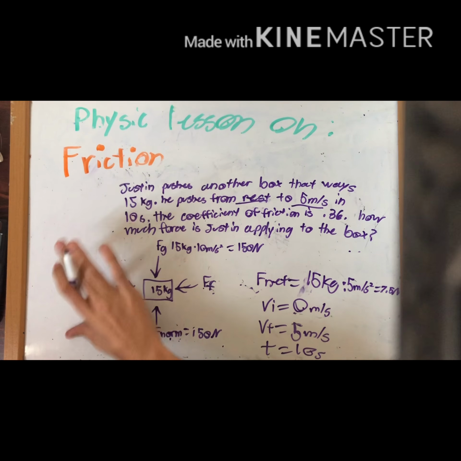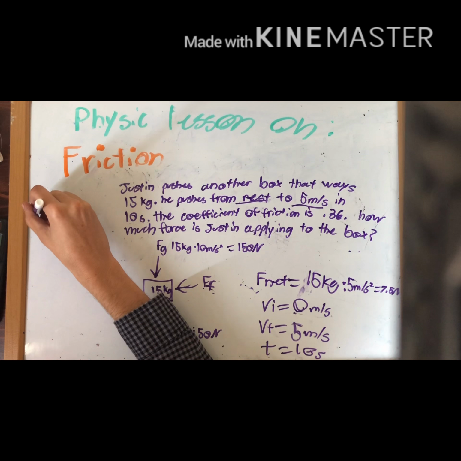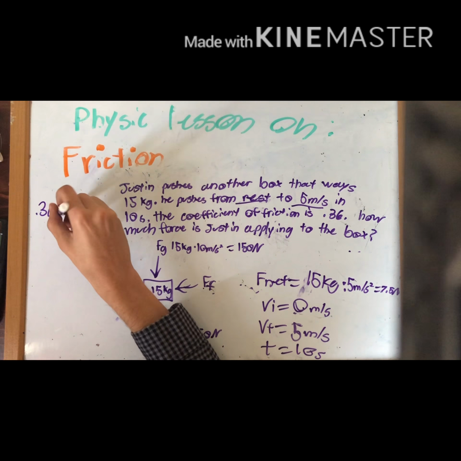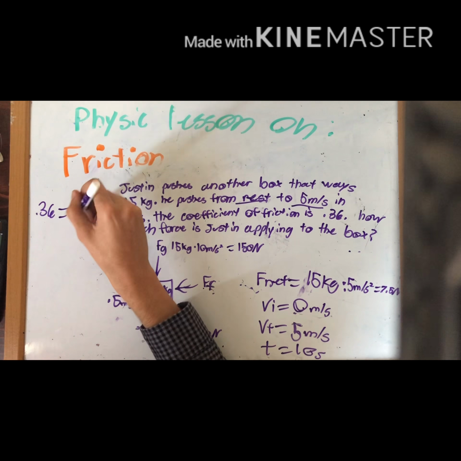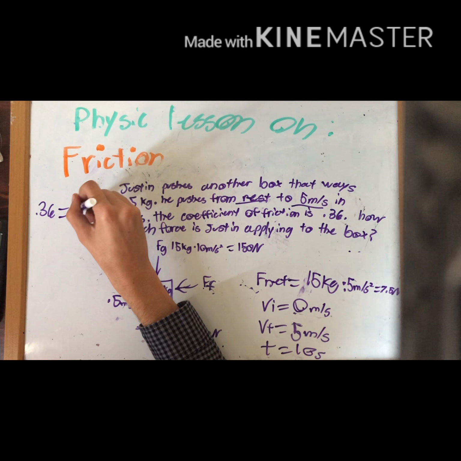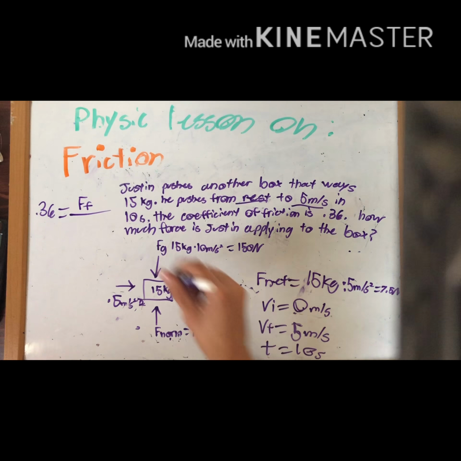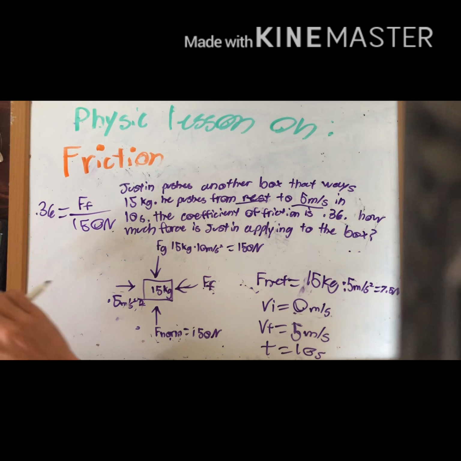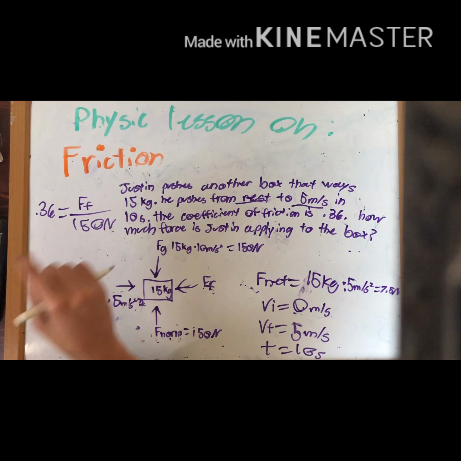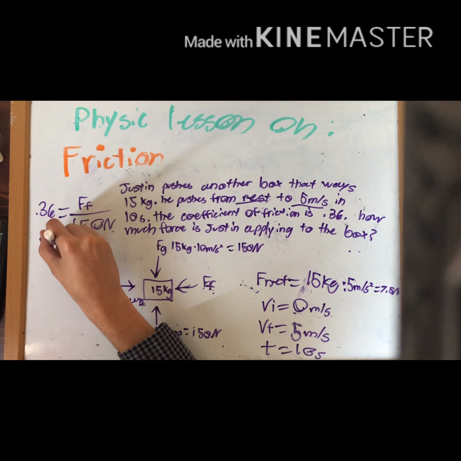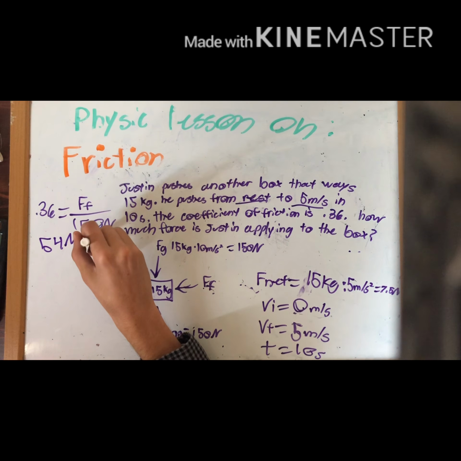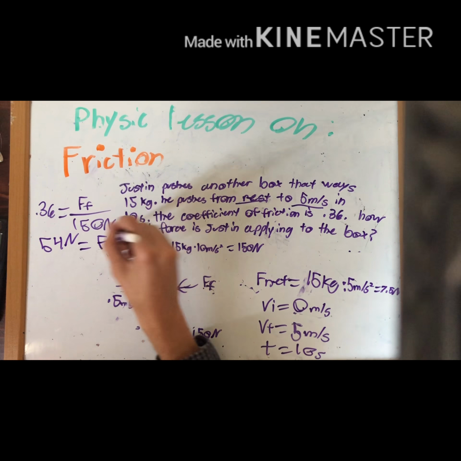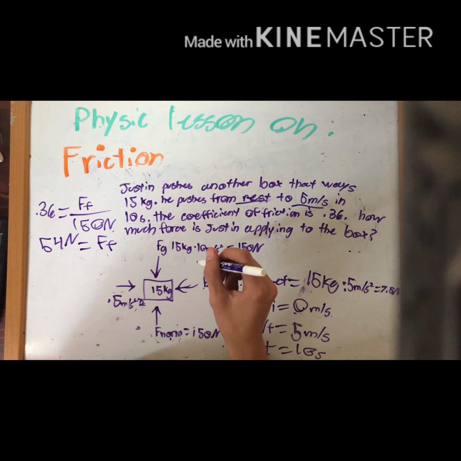We plug in the numbers to our coefficient of friction formula: 0.36 equals F of friction over force norm, which is 150 newtons. We multiply both sides by 150 newtons, which gives us 54 newtons equals the force of friction.